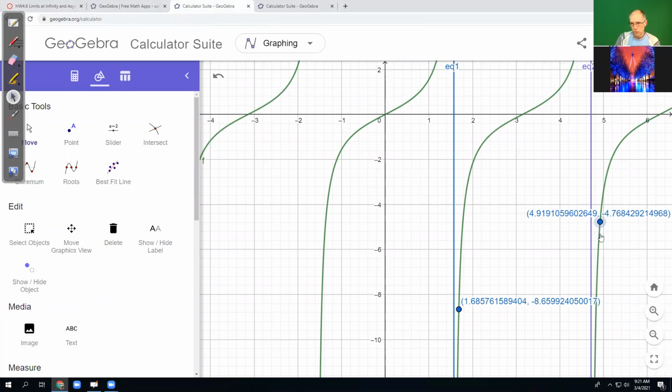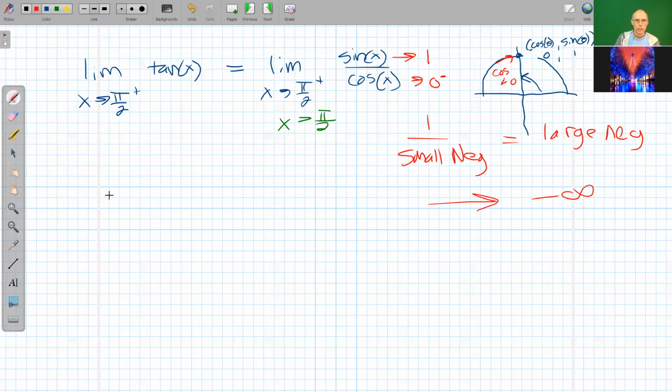So similar to before, as I move that point, I'm having a hard time tracking there. I can see as the x value gets closer, the y value is dropping there. So same idea.